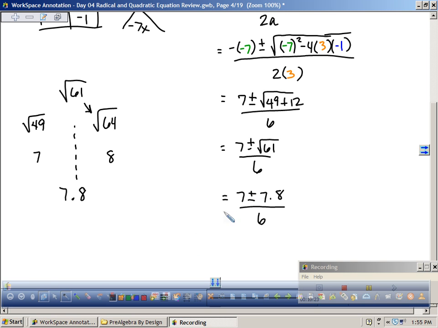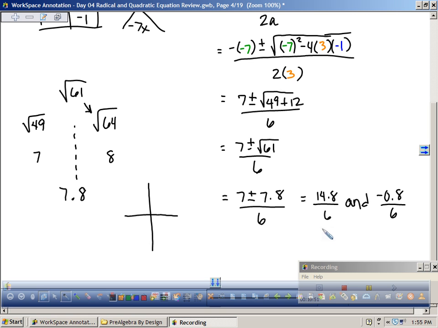So these are roots, right? If I were to graph it, I would get 7 plus 7.8, which would be 14.8 divided by 6, and negative 0.8 divided by 6.